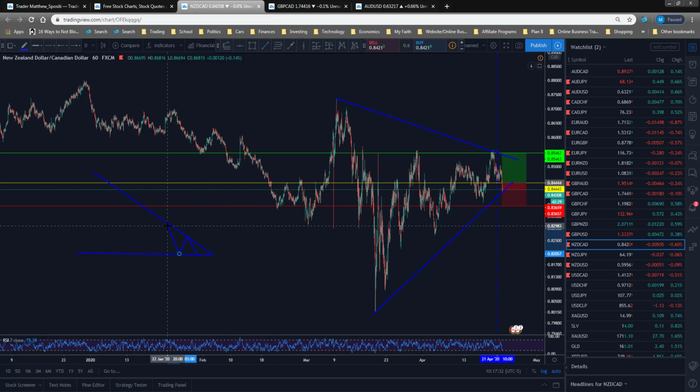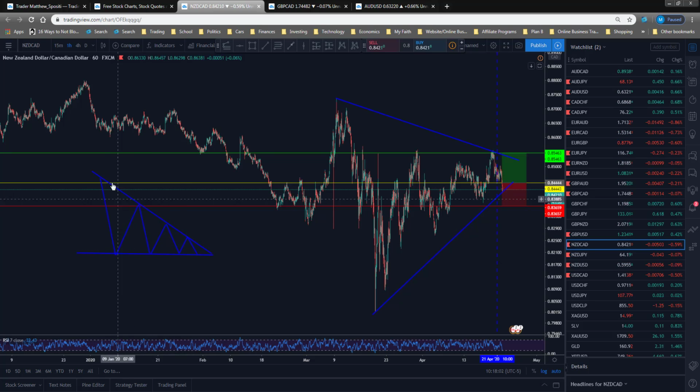The reason that it's descending is because, as you can see here, I'm not drawing it in the right order. I should realistically be starting from the left and going to the right. So reading from left to right, what's happening here is that we're getting a sideways consolidation.